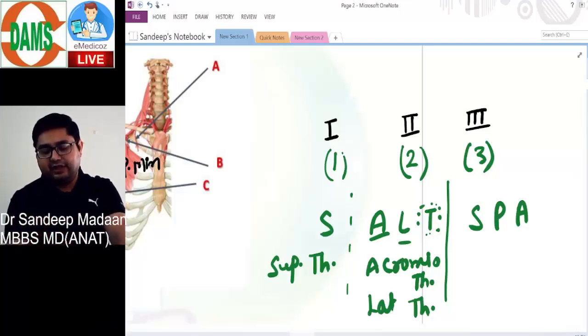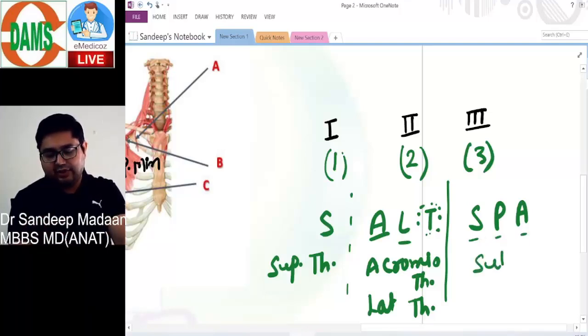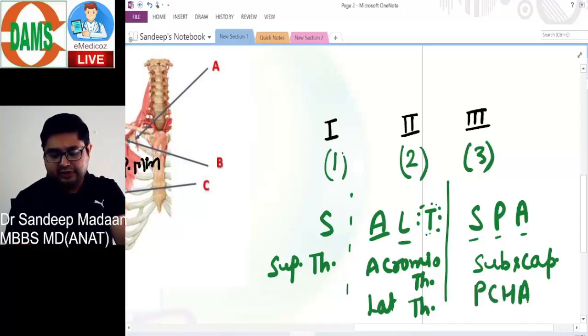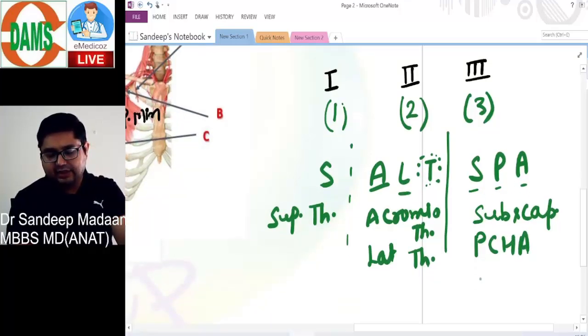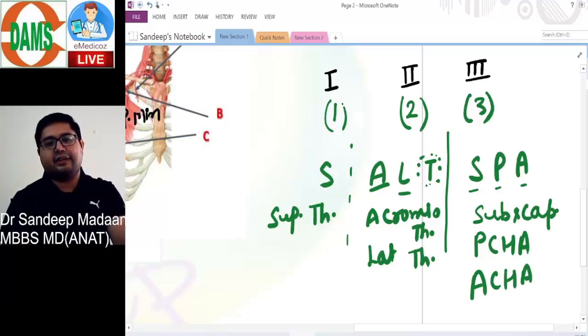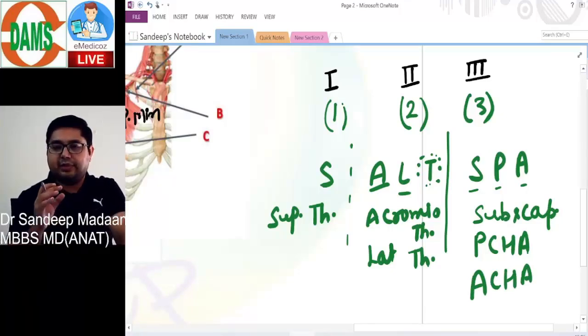Now we are left with these three branches, S, P, and A. What are these branches? S is subscapular, and P and A are nothing but Pacha and Acha. What is Pacha Acha? These are nothing but posterior and anterior circumflex humeral arteries. Right? So these are the branches from different parts of the axillary artery.